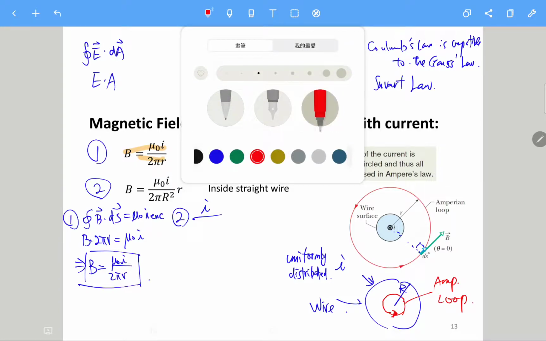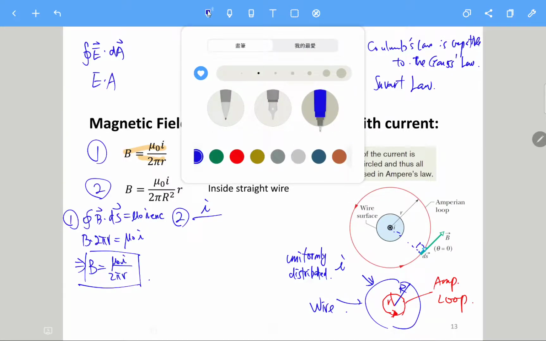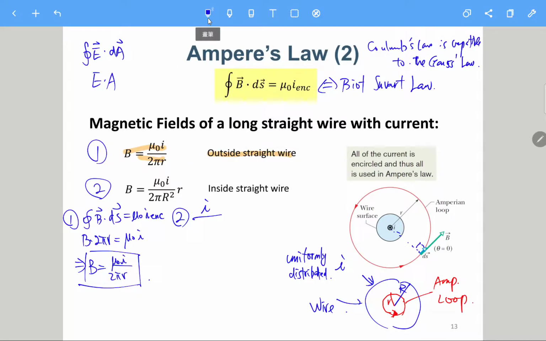The radius of the Ampere loop will be small r, so you need to distinguish the small r and capital R. Here, the total I over the total cross-section area of the wire, pi capital R squared, is the current density, and we assume it to be uniform.